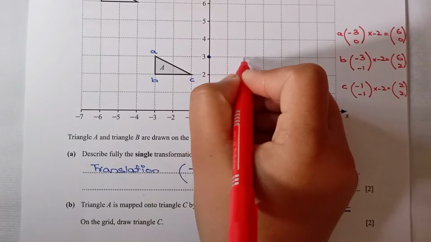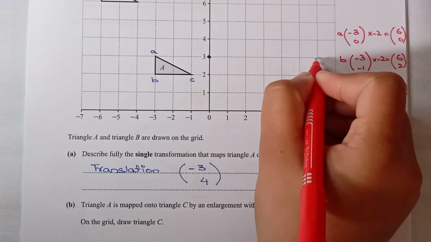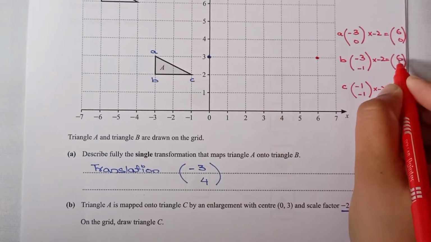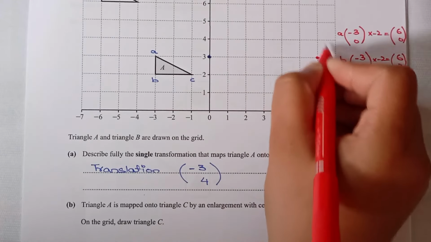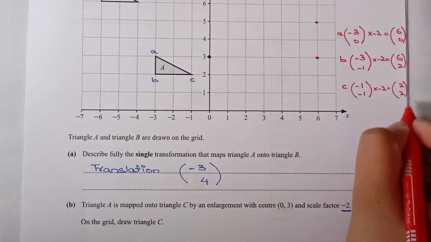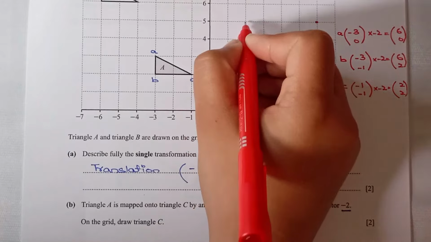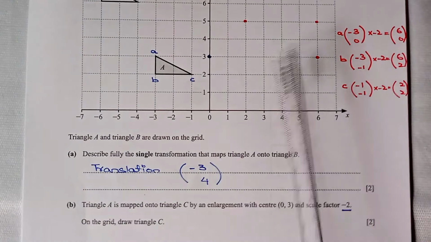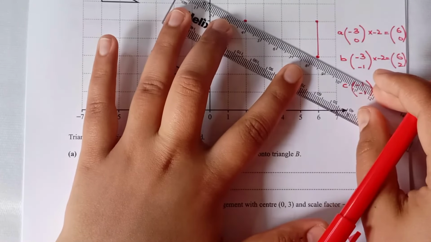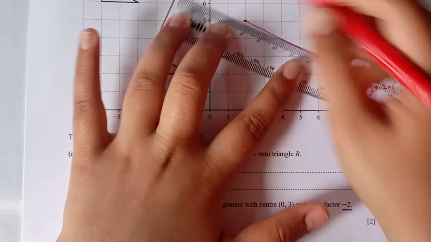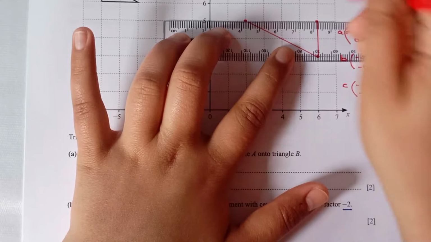So 1, 2, 3, 4, 5, 6. This is the point. Now 6 and 2. So 1, 2, 3, 4, 5, 6 and 1, 2. And 2, 2. 1, 2 and 1, 2. This point. So this is triangle C, after an enlargement with a scale factor of -2 and a center 0, 3.